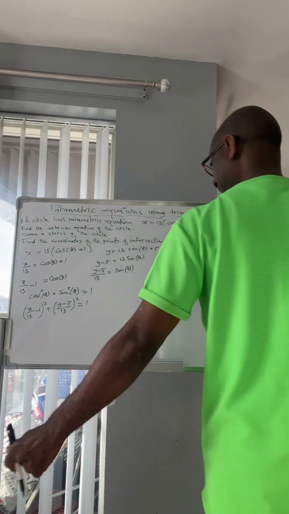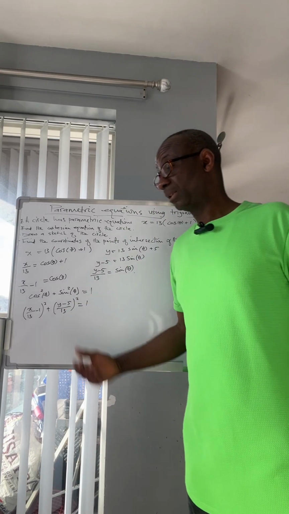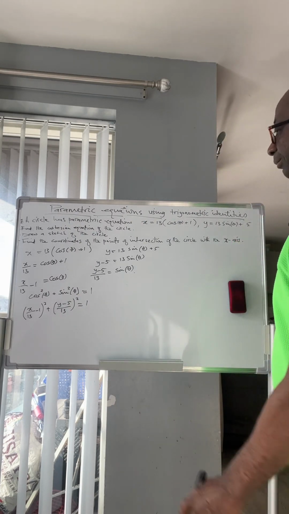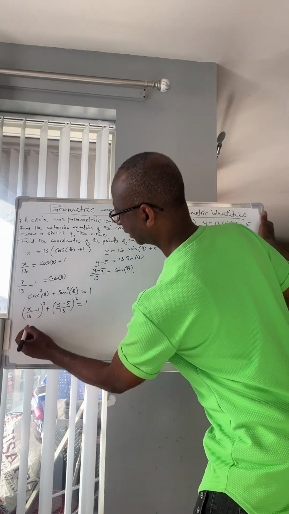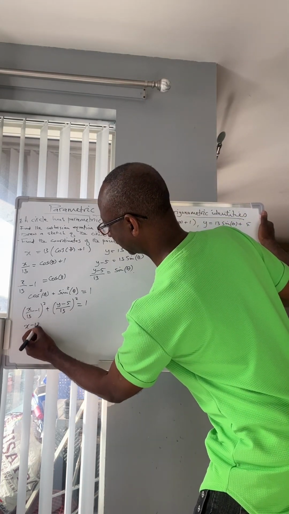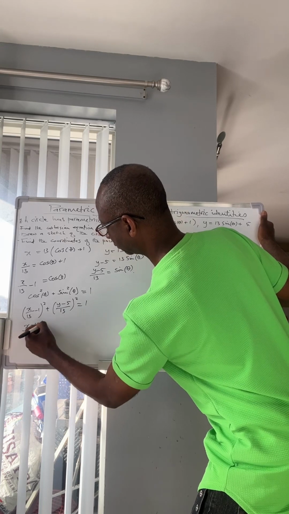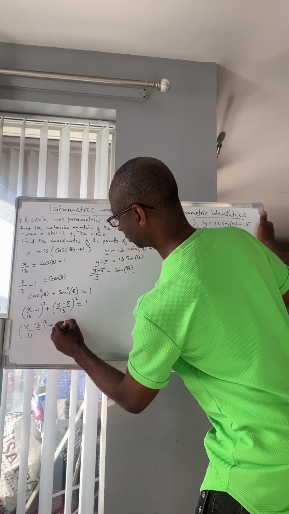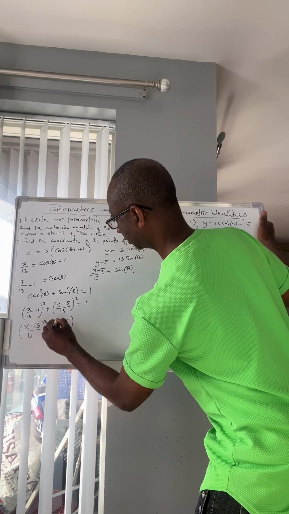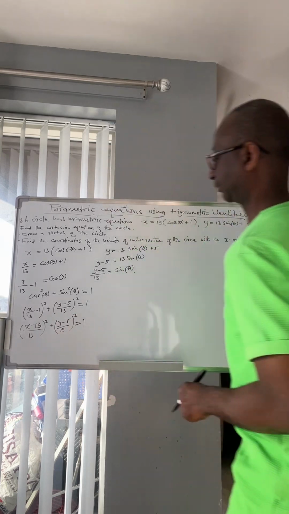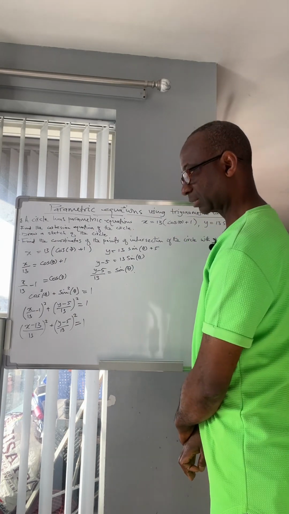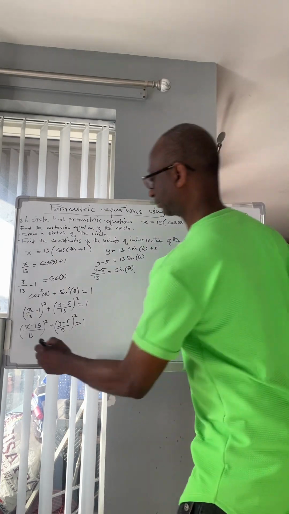All we need now is to simplify. You can leave your answer like this if you want to, but you might not get the full mark. So let's simplify. What is inside these brackets? x minus 13 all over 13, squared, plus y minus 5 all over 13, squared, equals 1. This is algebra now.